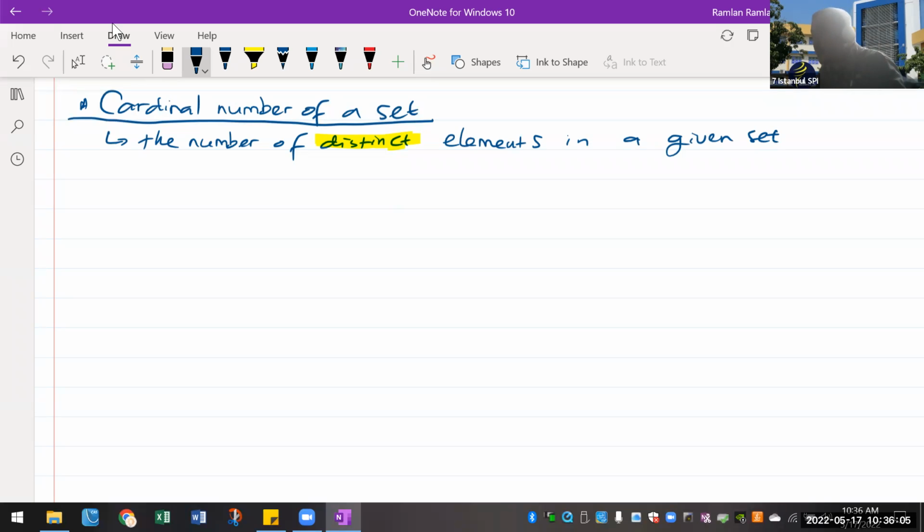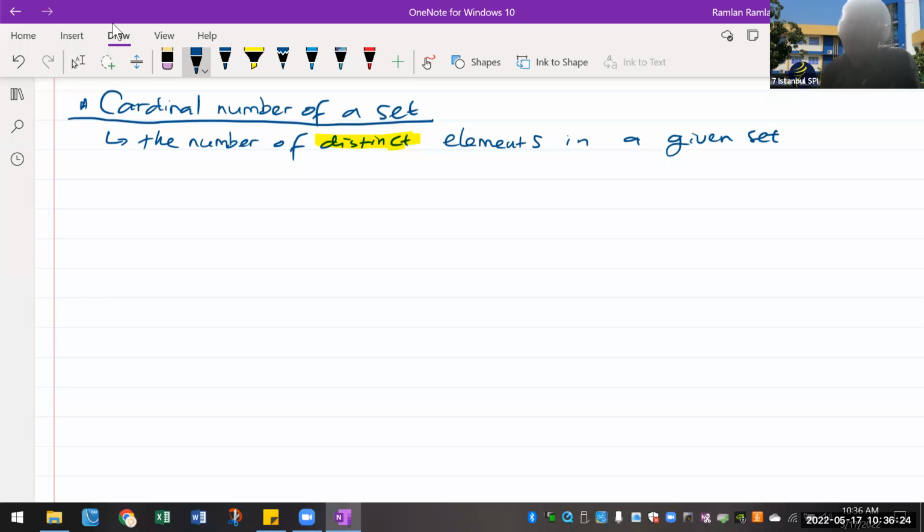Just remember, guys, that distinct means different. So you need to make sure that all of the elements in a set are all different. There are no duplicates or common members or elements inside a set.